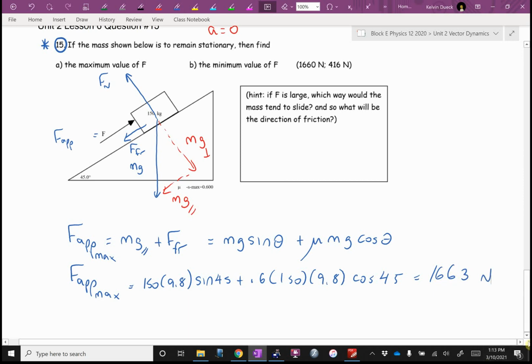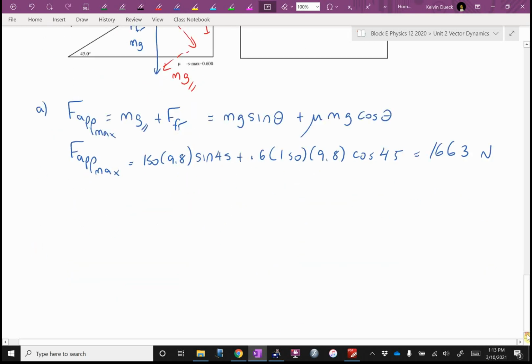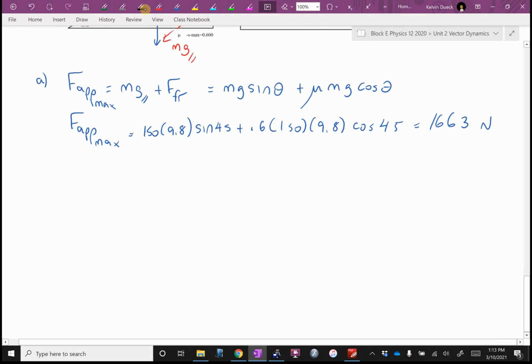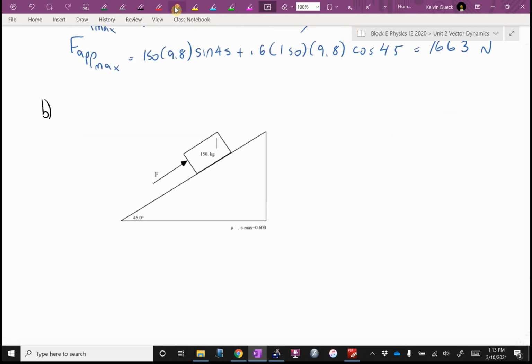If I want the minimum, so this is part A, if I want the minimum value, now what we're saying is if I stop pushing, this will slide down. So the minimum value, let's bring back my diagram here. Again, it's a job for a free body diagram.